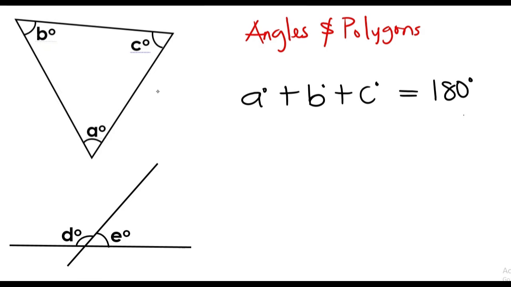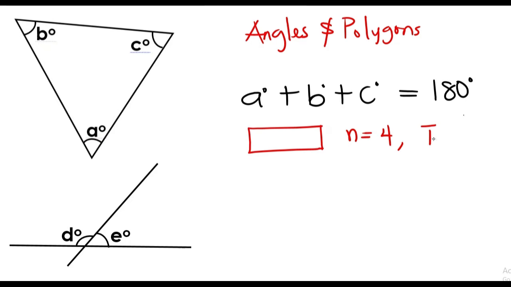If I want to know the total internal angles of a rectangle, it's still the same pattern. In this case my rectangle has 4 angles, so my n here is going to be 4.